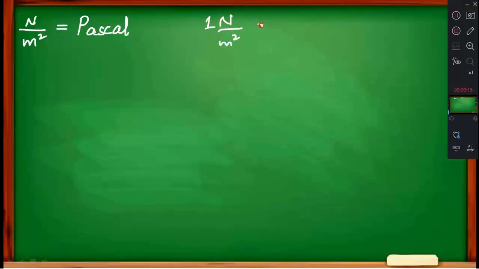Newton per meter square is considered the standard and is called a Pascal. 1 Newton per meter square is 1 Pa, and 1 Newton per mm square is 1 MPa, 1 mega Pascal.